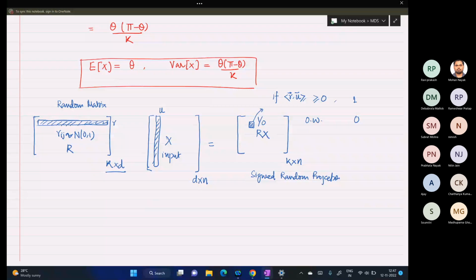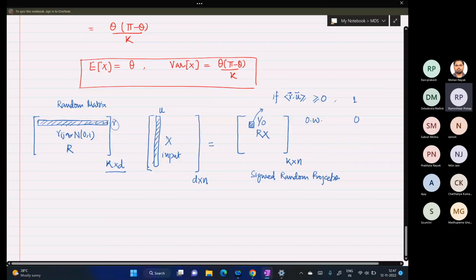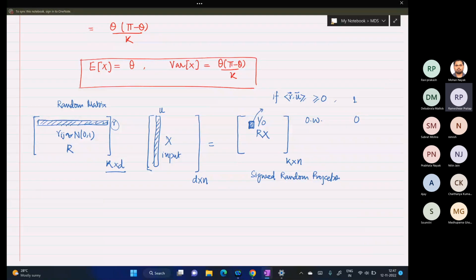If we focus on these two vectors, this vector r and this vector u, they are contributing to this entry of the matrix Rx, right? In case of random projection, we just used to take this value as it is. But in case of signed random projection, we are just replacing it by either 0 or 1, depending on the sign of the dot product between u and r, right? So that's why it's called signed random projection, right? So is this part clear?